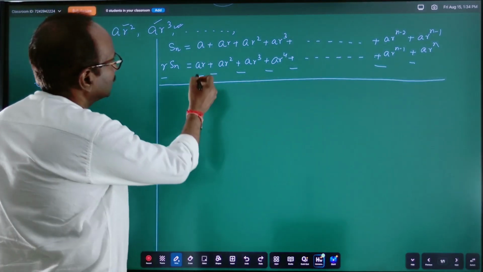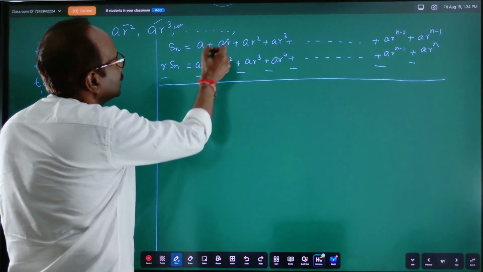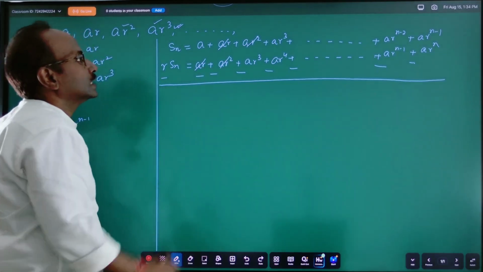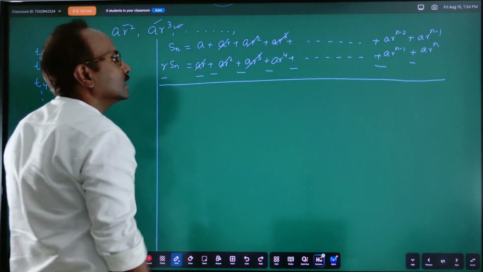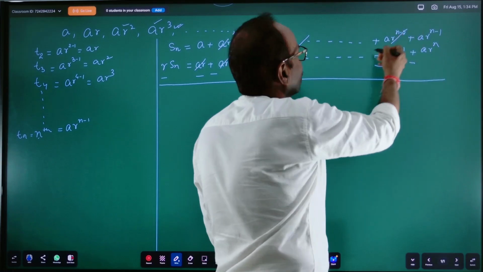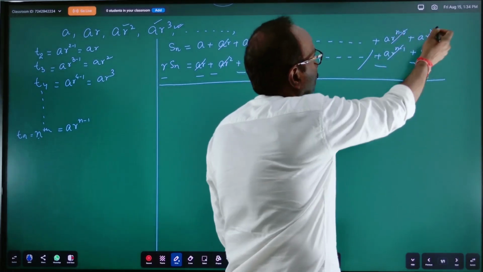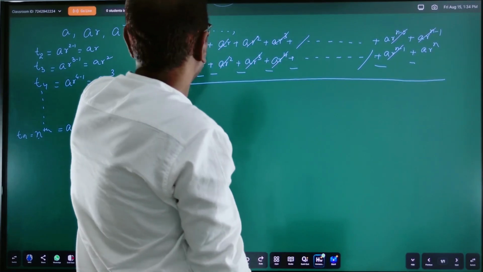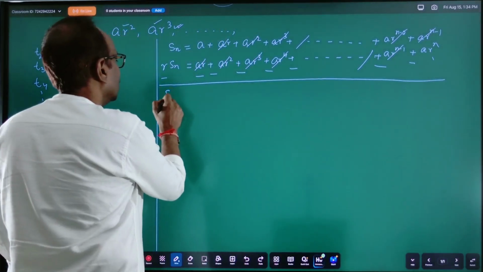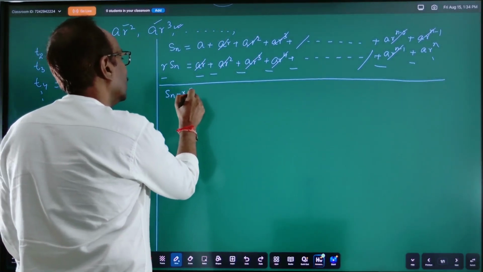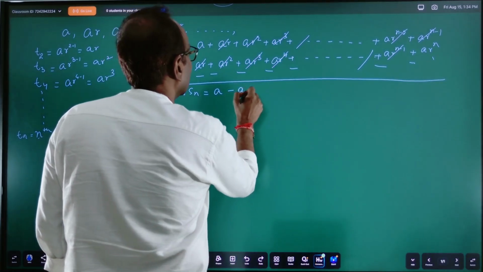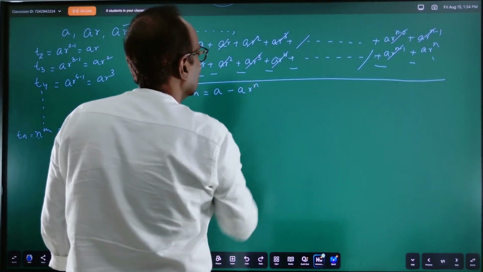You can easily see that ar and this will cancel out. This and this will cancel out. Similarly, this term will cancel out from this term. So you are left with a and ar to the power n. So your equation becomes Sn minus r Sn equals a minus ar to the power n.